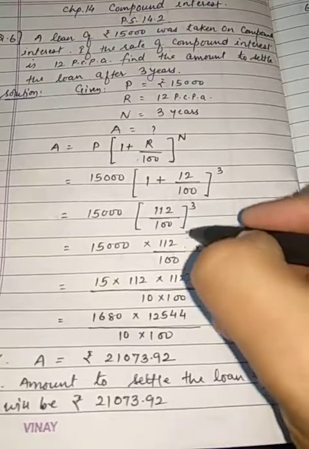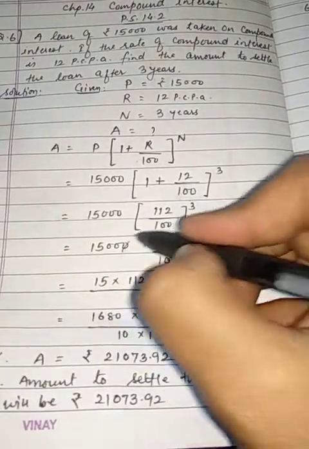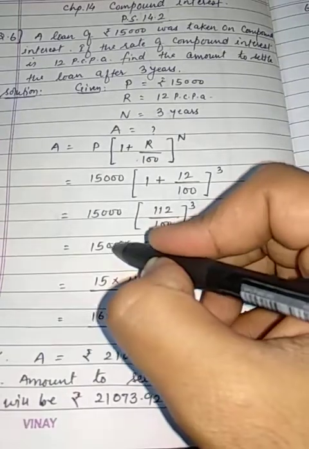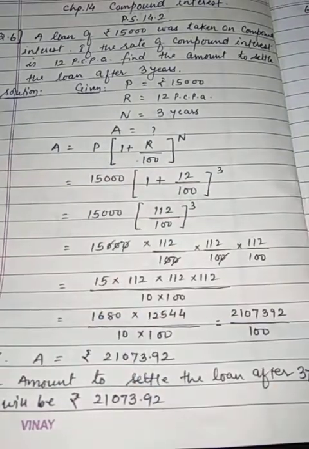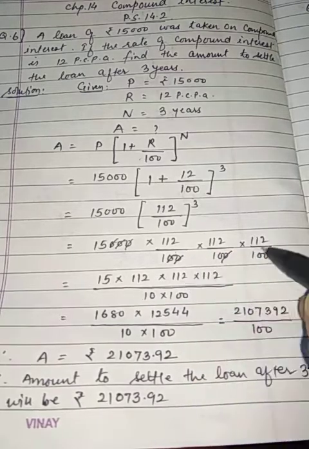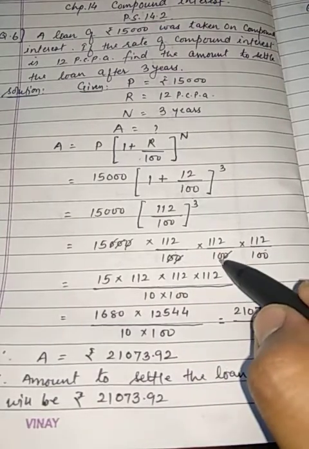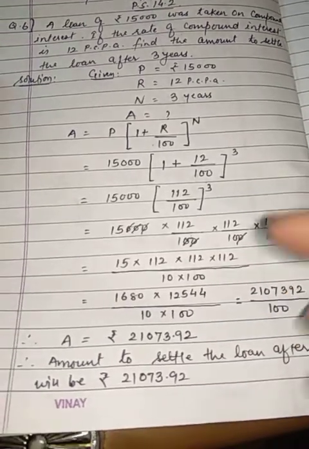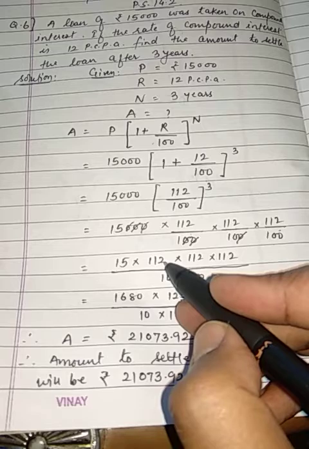Okay, now you can see here this 0 will get cancelled by dividing by 10. This 0 will also get cancelled. So you are left with 15 into 112 3 times. Now what is left in denominator? 10 and 100. So I'll multiply 15 into 112.